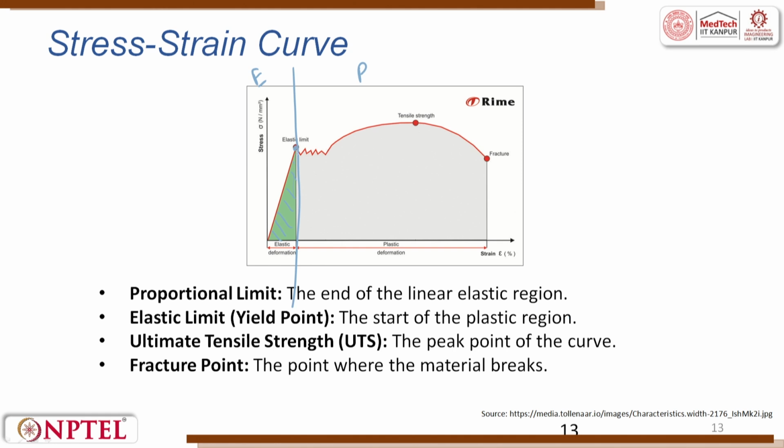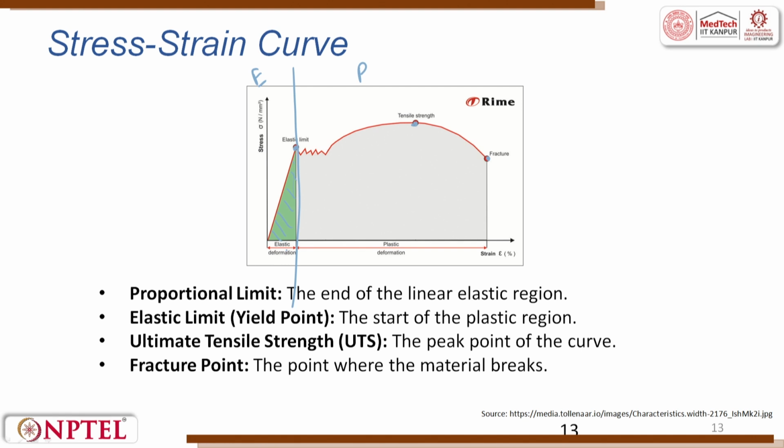It starts from here, there is a bump coming here and then it starts going high. This portion is called the ultimate tensile strength. Ultimate is the peak point of the curve, then at last it is the fracture point, where the material fails.